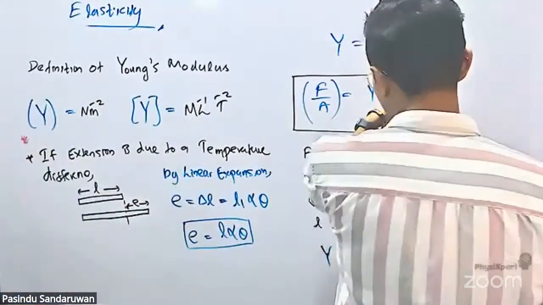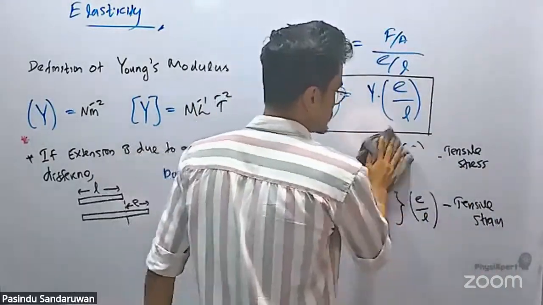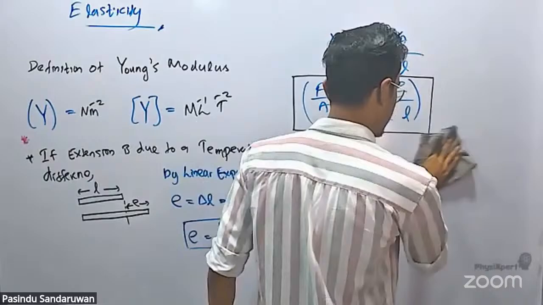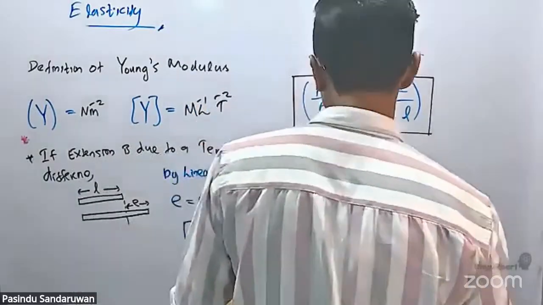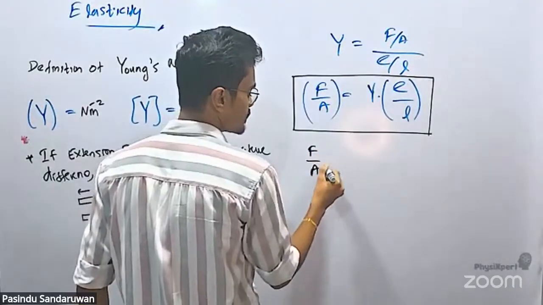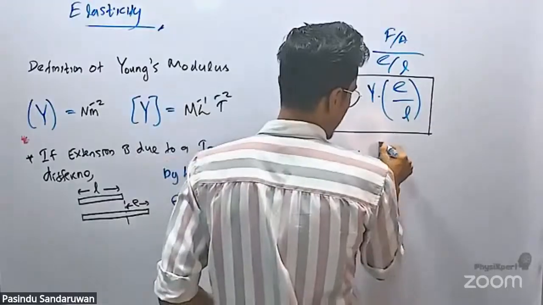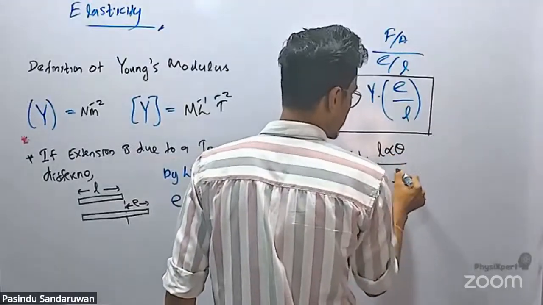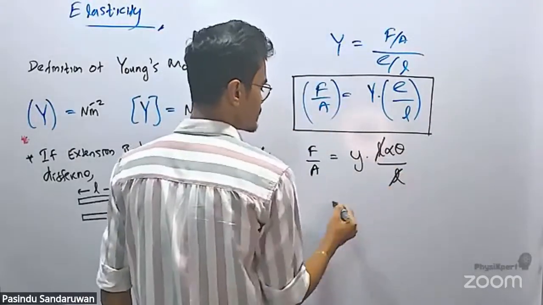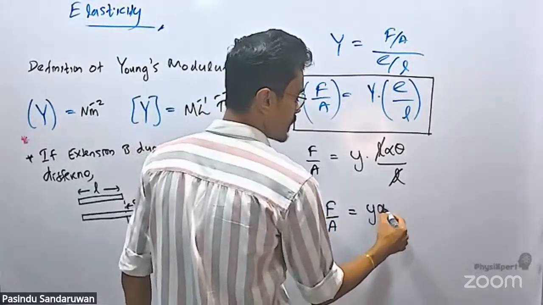See what I'm trying to do? I'm going to plug that into our Young's modulus equation. Now from this, F over A equals Y times E over L. E is L alpha theta over L. L and L cancel, so F over A equals Y alpha theta.